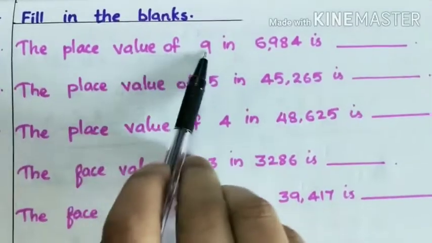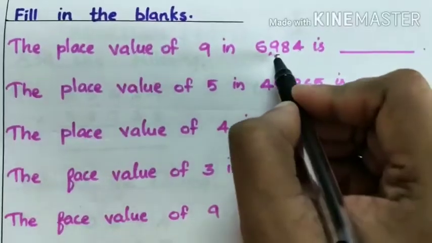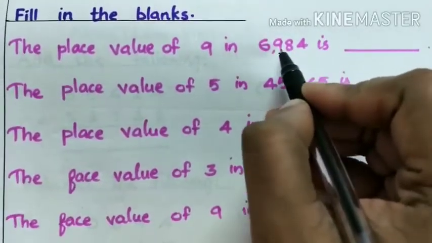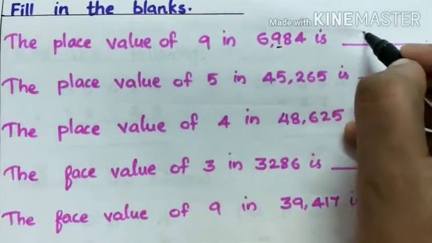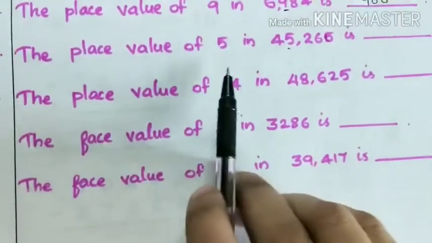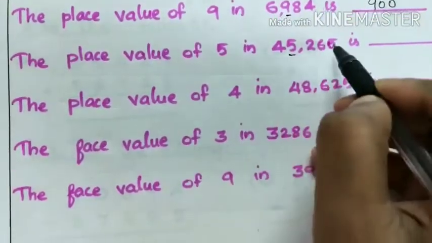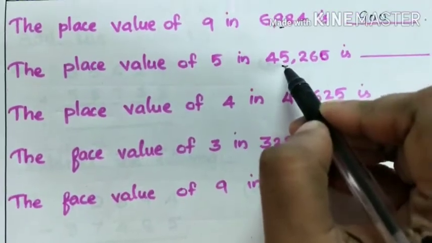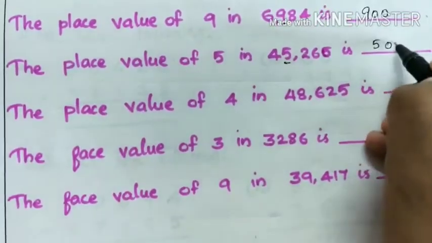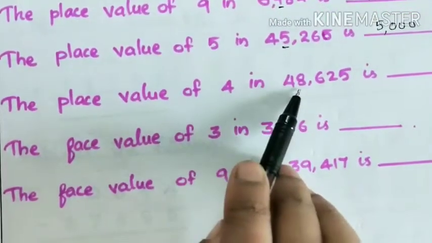Fill in the blanks. The place value of 9 in 6,984 is dash. Ones, tens, hundreds. 9 hundreds or 900. The place value of 5 in 45,266. Ones, tens, hundred, thousands. 5 thousands or 5,000. The place value of 4 in 48,625.